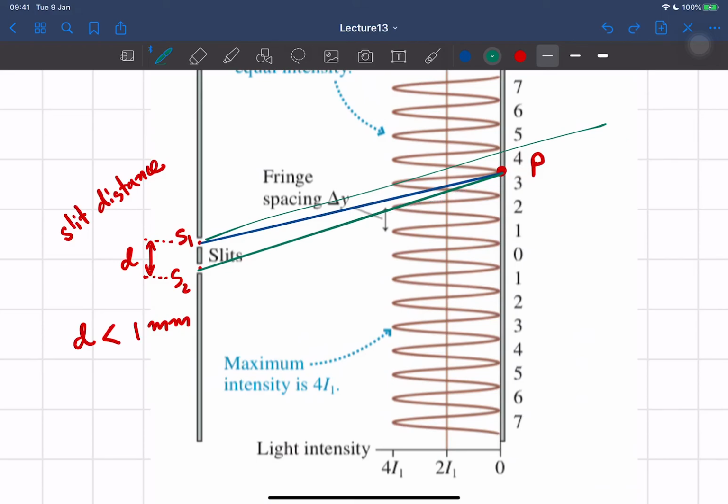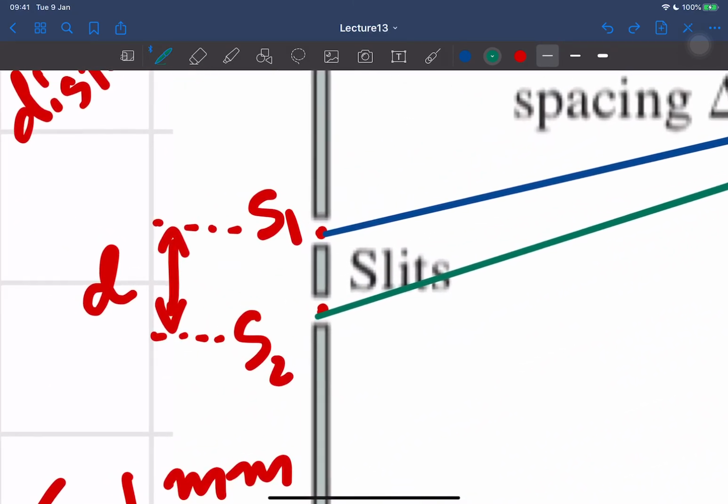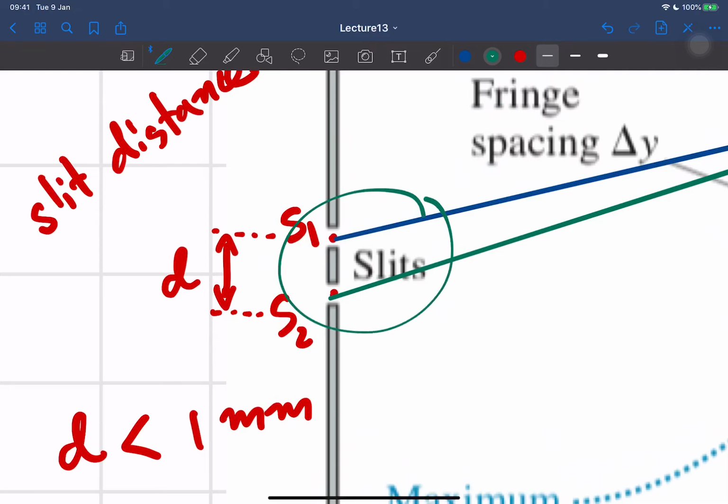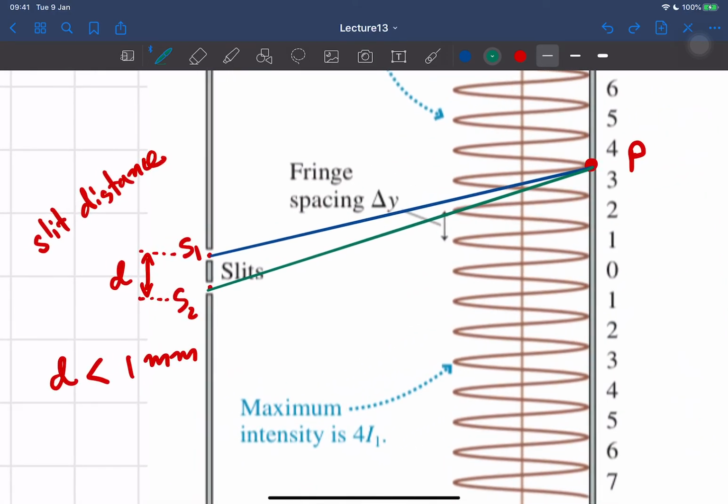But this distance is small enough so that if you zoom in closely, these two lines look almost like they are parallel to each other. That's the main important point here. They are almost parallel such that if we say they are parallel, we are not wrong by much. Okay, so that's the approximation we're going to do.